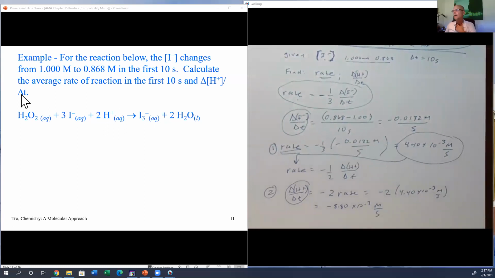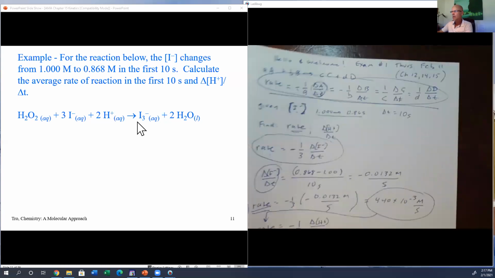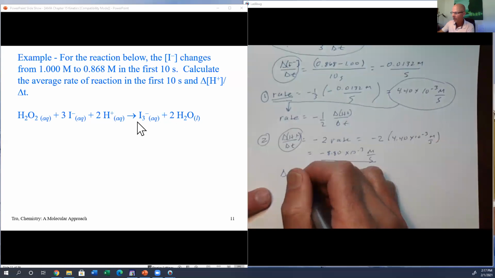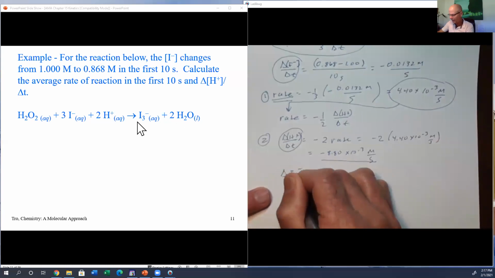Now without doing any calculations, let's see if you can tell me this. Here you know that the rate of change of H plus is equal to minus 8.8 times 10 to the minus 3. If you know that, then what is delta I3 minus delta T?